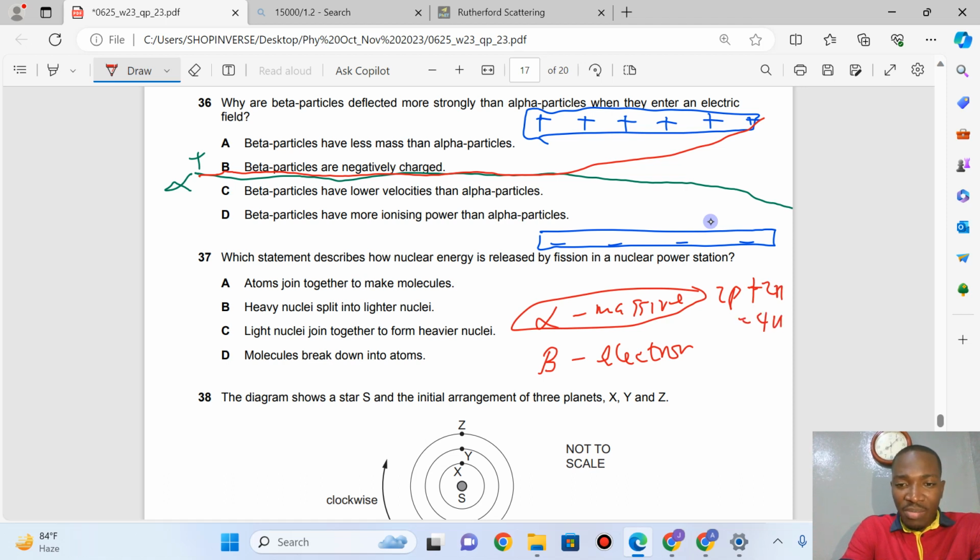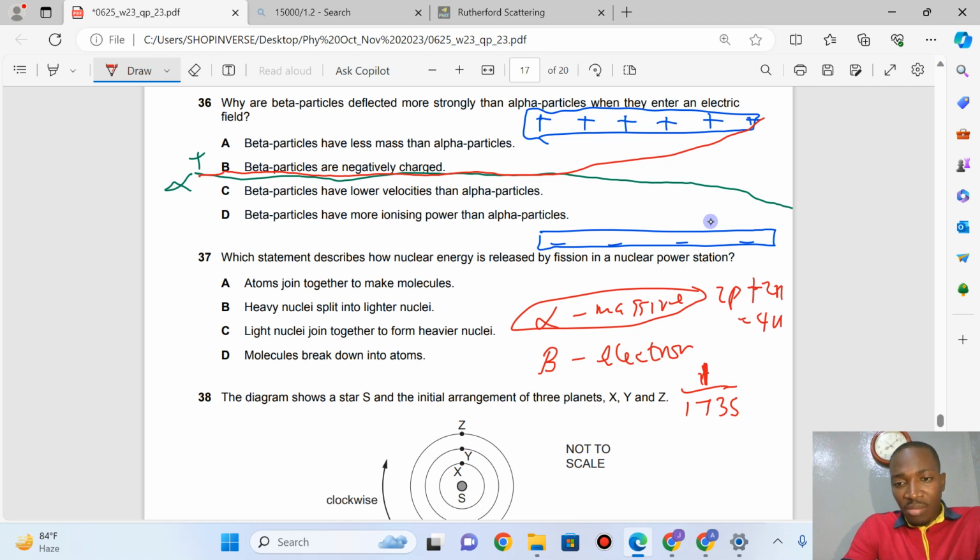While that of a beta particle will be 1 over 1,735. Sorry, the mass of the electron will be 1 over 1,735 of the mass of a proton.